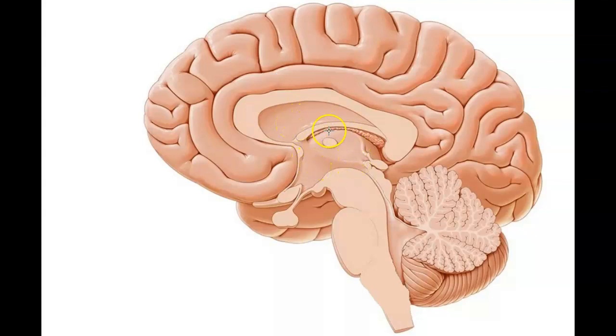Right here, this area of the brain is called the thalamus, and the lower part of this region is called the hypothalamus. Now, the thalamus sorts all kinds of data for the brain, so it's like the data processing center. The hypothalamus, on the other hand, does a lot of information processing as well. This is kind of considered the homeostasis of the brain. So it has the internal thermostat of the brain.